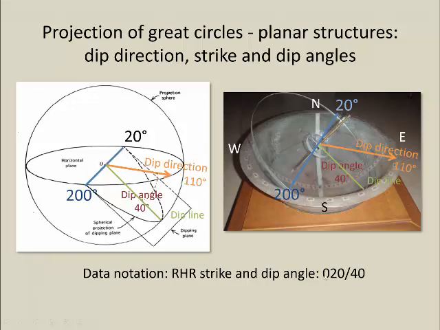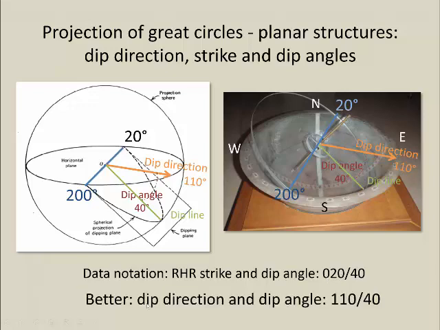And we would write that down as a right-hand rule strike and dip angle of 020 for the 20 degrees, slash 40 for the 40 degrees dip angle. This is the notation using the right-hand rule strike, one of the two, and the steepness, the dip angle of the surface.